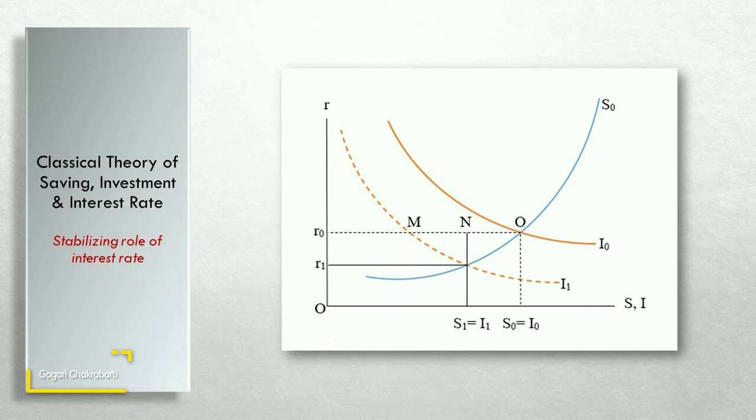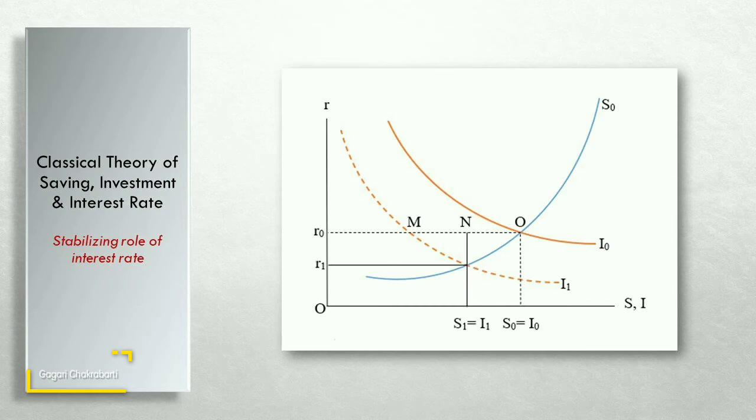As the investment curve shifts towards the left, the investment declines, and this is given by the distance OM. Now, as the interest rate is revised downward to R1, this investment will revive to some extent. This revival in investment following the downward revision in the interest rate is shown by the distance Mn.